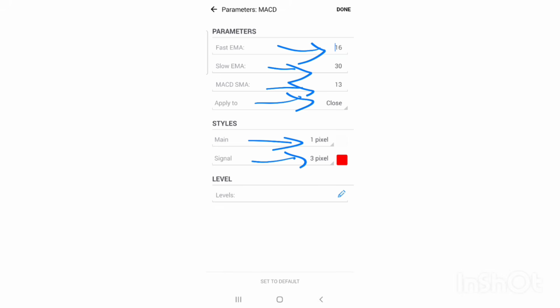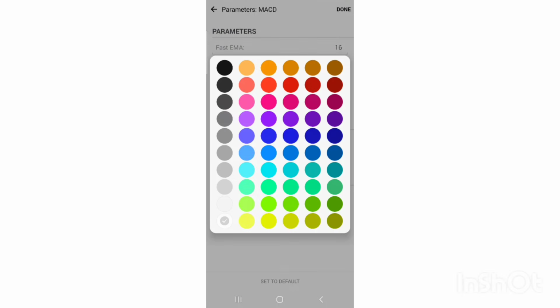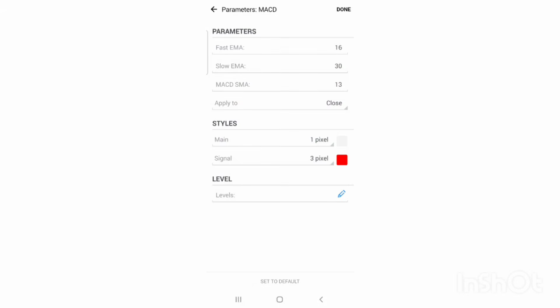About the color on the main line, if you're on MT4 or MT5, I'm using MT4. I use both MT5 and MT4, but my broker right now is MT4. My background for the chart is white, so that's why I put white here.